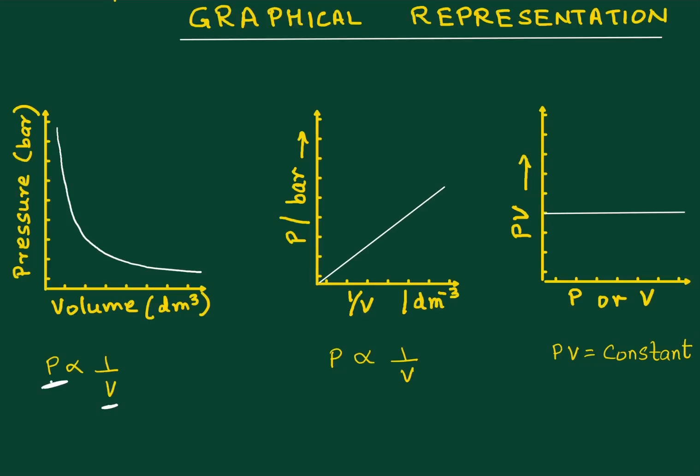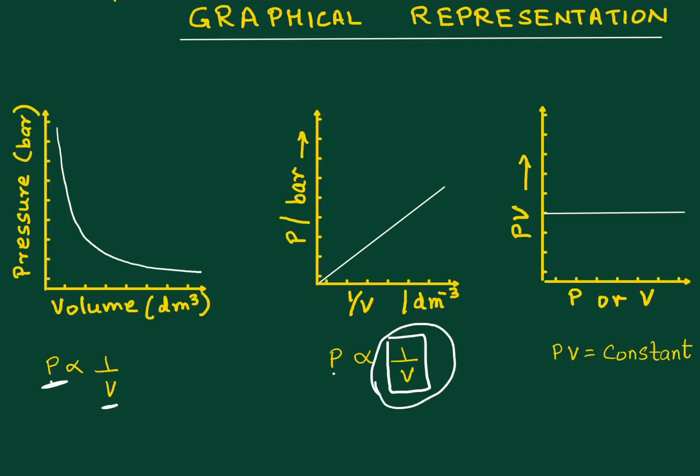But what if I take the inverse of volume? Yes. So as a whole, if I am talking about 1 upon V as one physical quantity, then pressure will be directly proportional to 1 upon V. In other words, what kind of graph do I get? Yes, it will be a straight line graph.